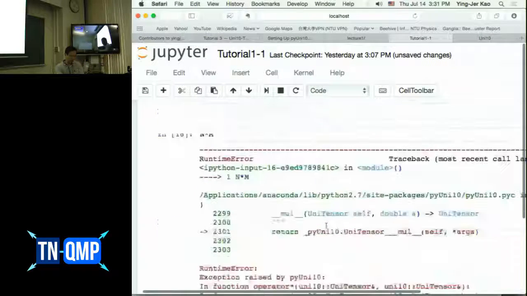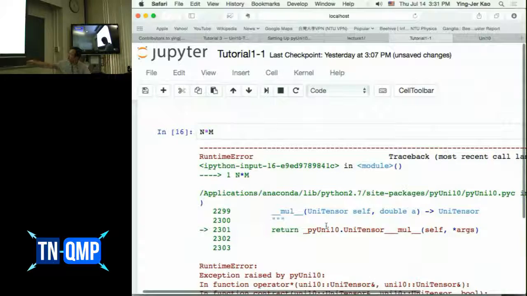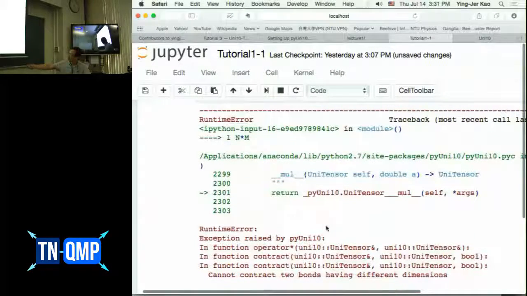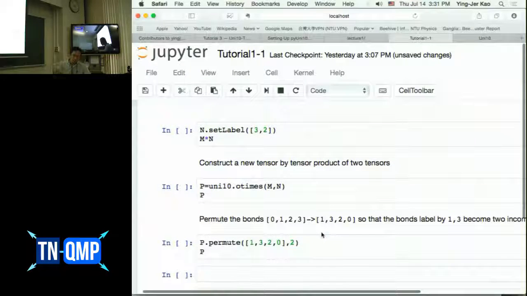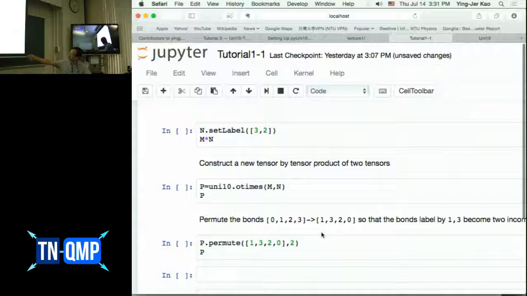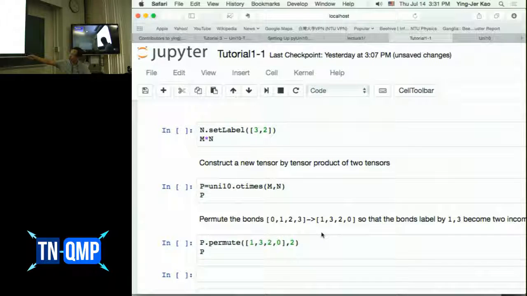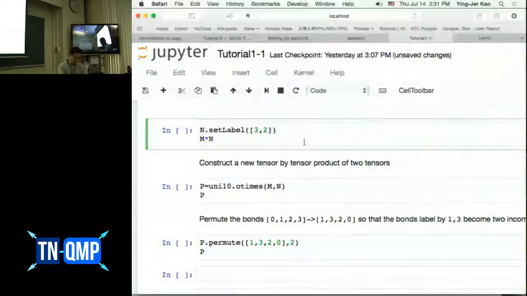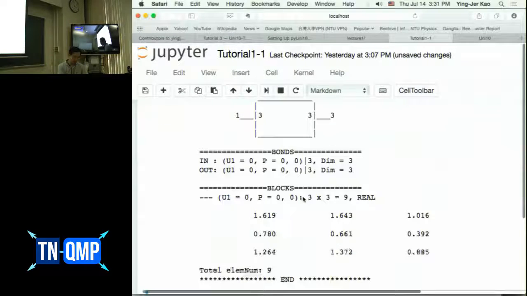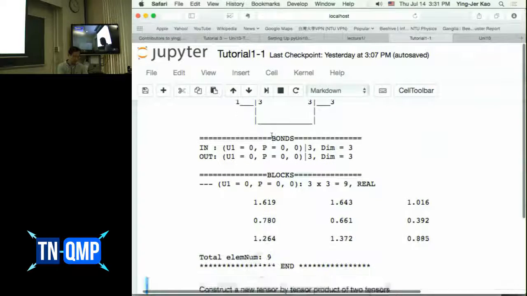That's why there's a runtime error, because it checks the contraction and it doesn't work. So the way to do it is to set the proper label and then contract them, and you get the right dimensions.